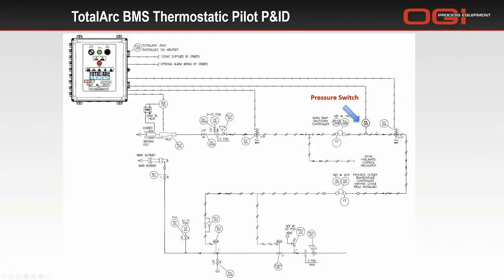Once we have gone through the pre-purge and flame proving periods, the TotalArc BMS will open the main gas valve. That period of time is 10 seconds. Once we have confirmed that the pilot flame has been on and steady for 10 seconds and we have a good quality flame on the pilot, it will request to open the main gas valve for the main burner.